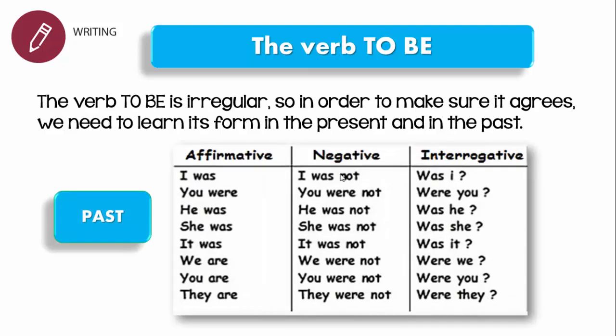Here you have the verb to be conjugated in the past tense. As you can see, the verb changes according to the person.